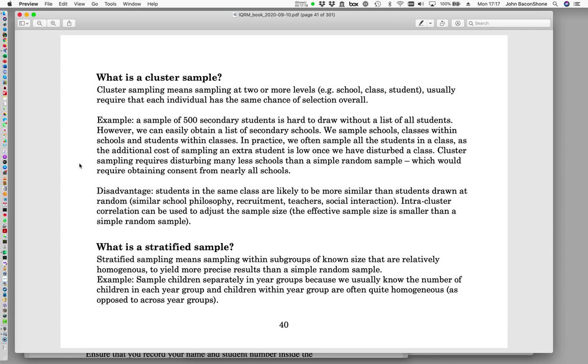So why might that be? Well, first of all, a school has a philosophy. So if the students are in the same school, they're being taught using the same philosophy. The schools usually are recruiting a particular target, maybe a particular district, maybe a particular income or ability group.